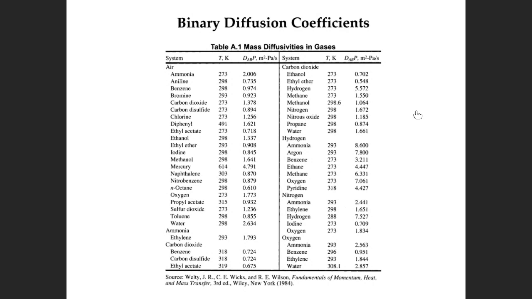That means if the pressure of the system is given to you and you are supposed to find the experimental value from this table, then the 2.006 you have to divide by the pressure in Pascal to get the value of DAB. I think this is clear, yes? Okay.